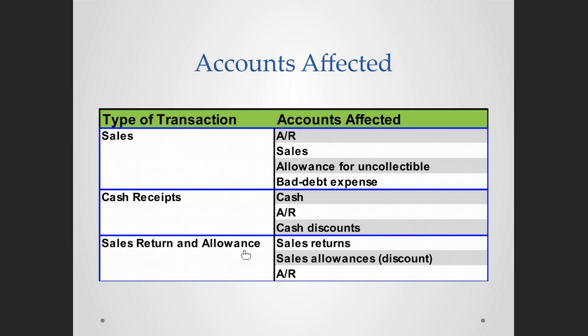That's why it's called contra revenue. It contradicts the revenue. It is going against the revenue, so it reduces the revenue. So sales minus sales returns is the net sales. Clear? You're following? So contra revenue is the opposite of the revenue.